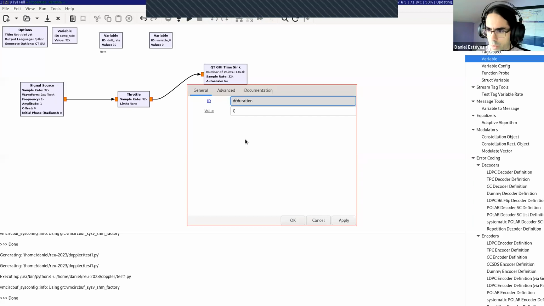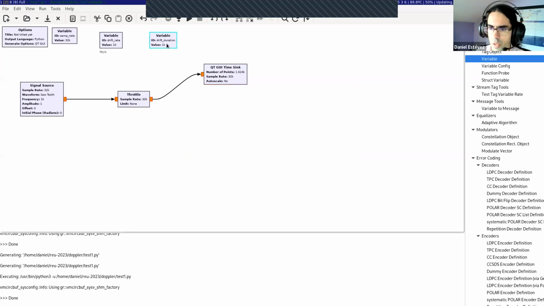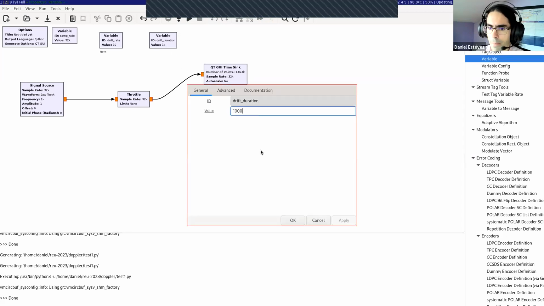And then I'm going to call this drift duration. So this is going to be 1000 seconds. Basically, I'm going to make this sawtooth wave increase from 0 to whichever number it needs to increase during 1000 seconds. So as long as I keep my simulation shorter or equal in duration to 1000 seconds, then I will not see the sawtooth wave backtracking. So I can just use it as a continuously increasing signal.